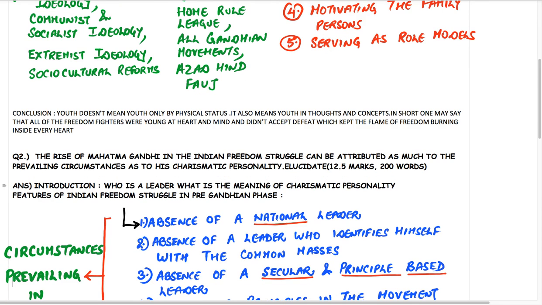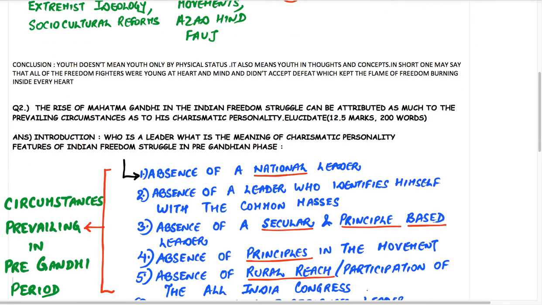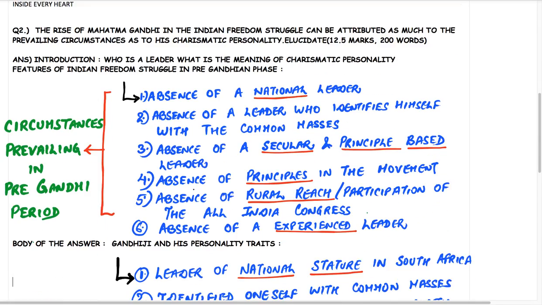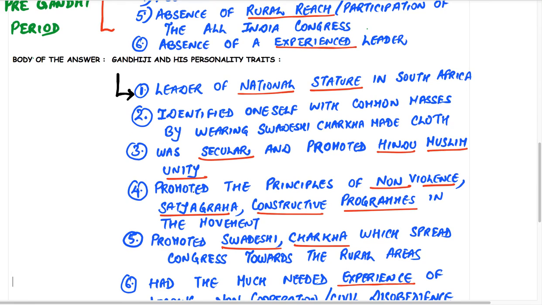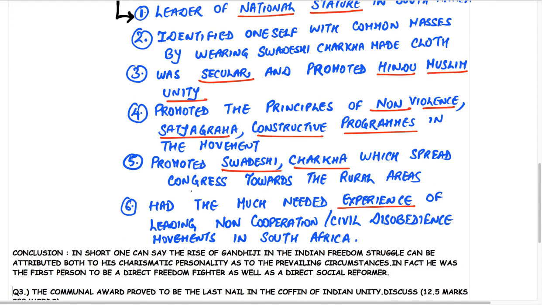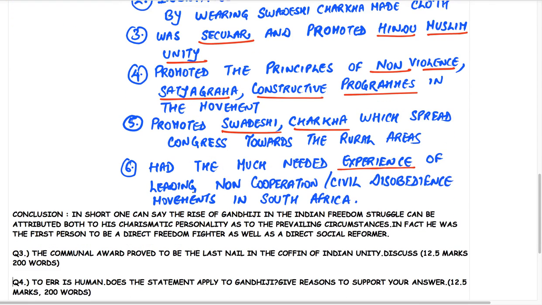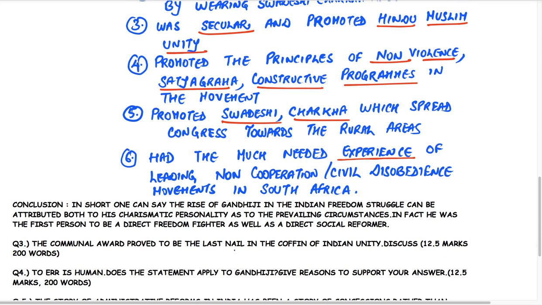But before that, again, let's have a look over the rest of the questions which can be asked. So the third question which can be asked from the Indian freedom struggle is, the communal award proved to be the last nail in the coffin of Indian unity. Discuss. 12.5 marks, 200 words.